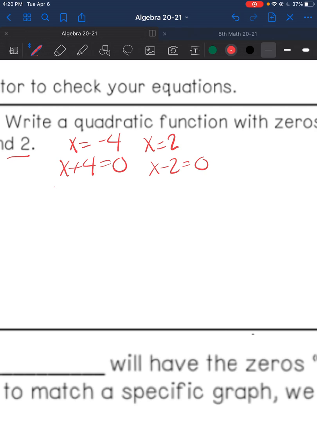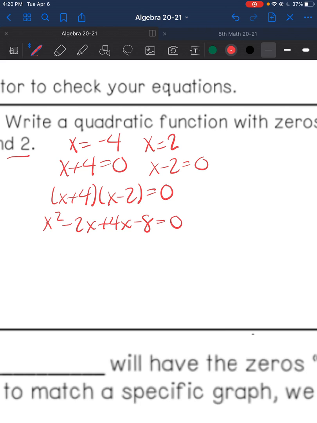Now we're going to multiply them. X plus 4 times x minus 2 equals 0. FOIL method again: x squared minus 2x plus 4x minus 8 equals 0. I just did the first terms, then the outside terms, then the inside terms, then the last terms.